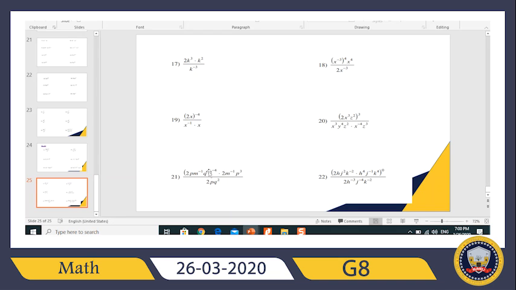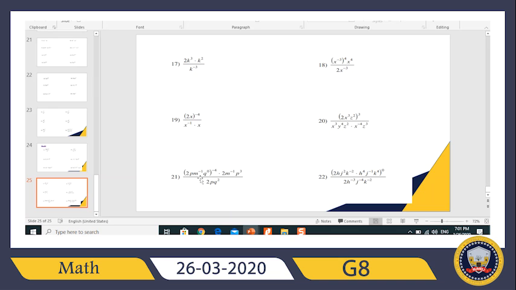I will expand or distribute this power over all the terms inside the bracket. It means 2 power 1 times negative 4 will be 2 power negative 4 p power negative 4 m power 4. Why m power 4? Because negative 1 times negative 4, negative times negative equals positive. So m power negative 1 times negative 4 equals m power 4. q power 0 is 1. So the first bracket will be 2 power negative 4 p power negative 4 m power 4.